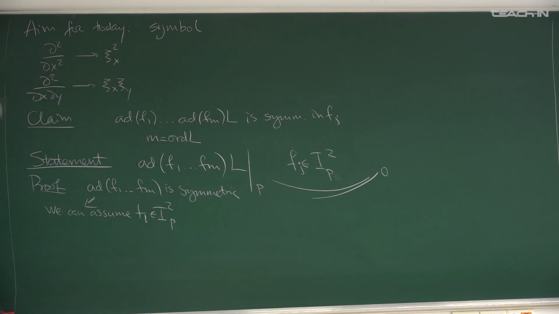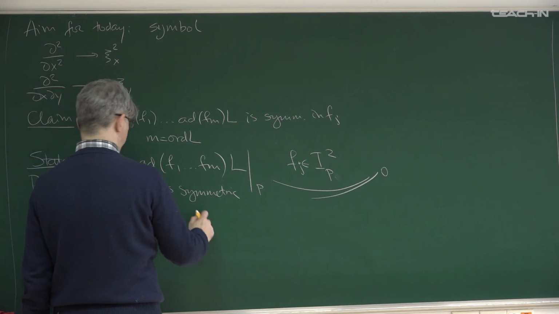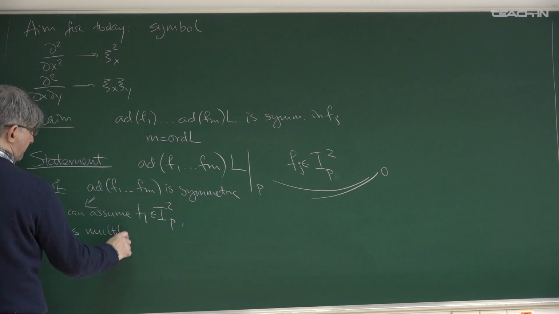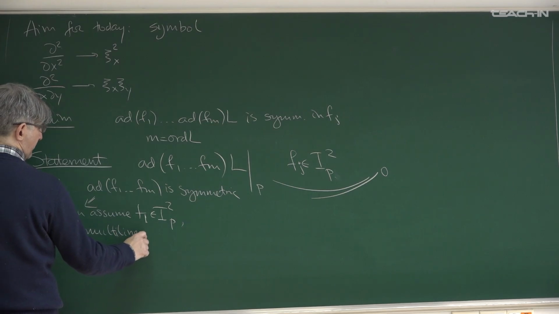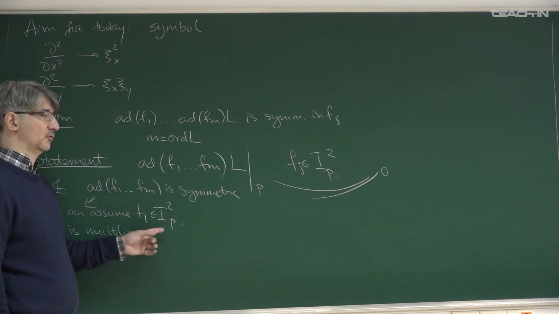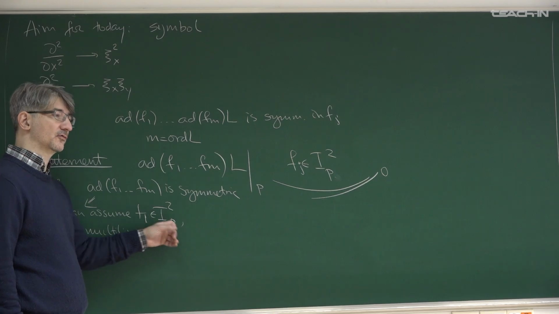And since this thing is multilinear, let me remind you that the square of an ideal is not just the products of two objects from the ideal. It is linear combinations of products.